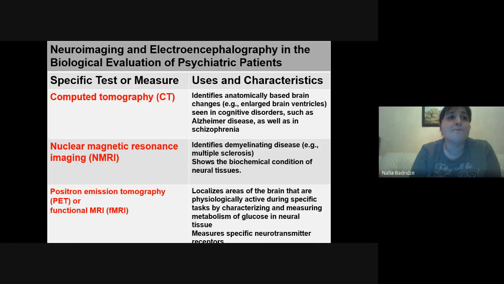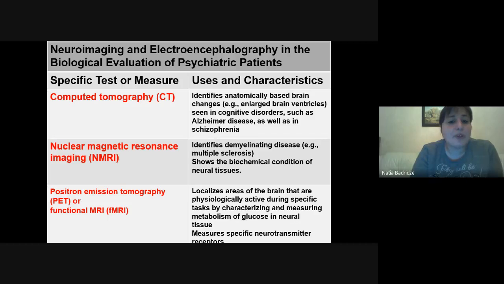When we identify this biochemical condition of the neural tissue, we can predict different mental disorders. And of course, when we can predict the different mental disorders, we can prevent these disorders. That's why it is very important to have the data from these neuroimaging studies.